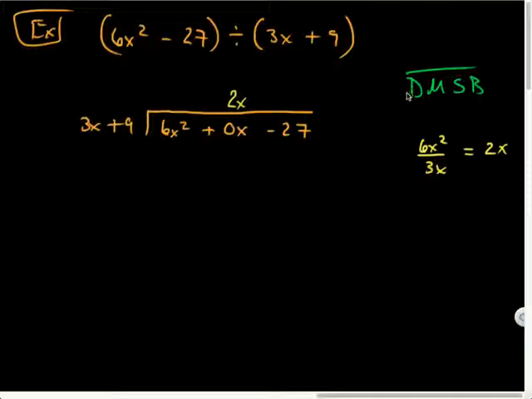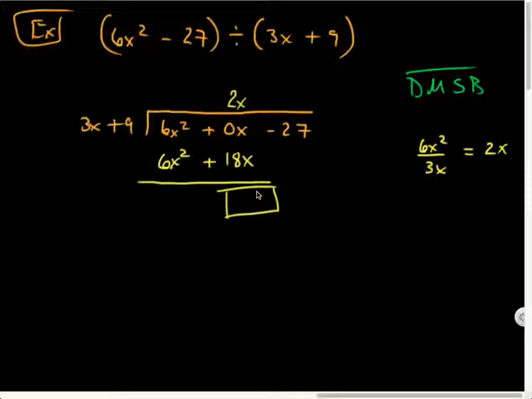So let's see, that was my divide step. Now I multiply. So 2x times 3x is 6x squared. 2x times 9 is plus 18x. Okay, so that was multiply. Let's subtract. Ooh. This is a super common place for mistake. In fact, on my quiz, I'll have a multiple choice question with a box here. It'll be a half-done long division problem, and I'll say, what goes in the box?